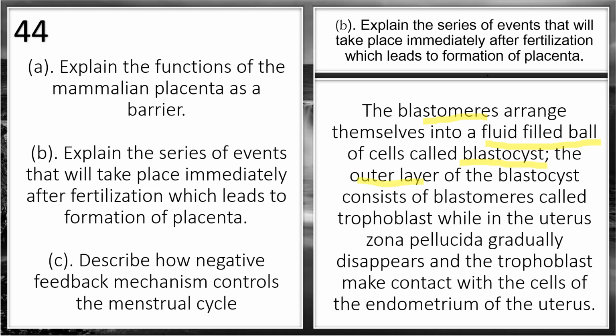The outer layer of the blastocyst consists of blastomeres called trophoblasts. While in the uterus, the zona pellucida gradually disappears and the trophoblast makes contact with the cells of the endometrium of the uterus.